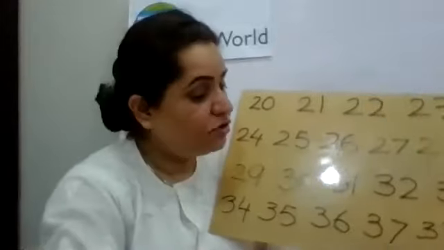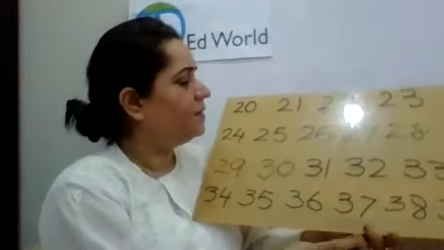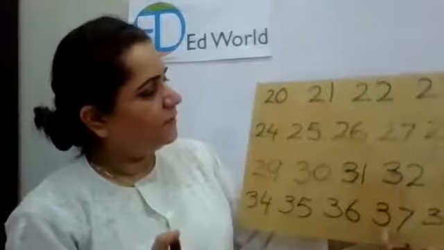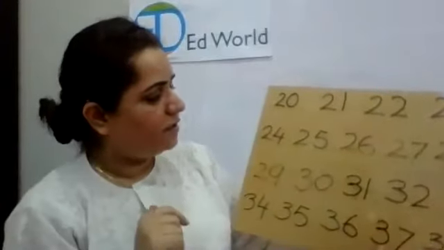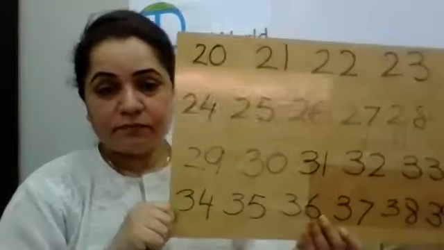Okay, we're going to do till 40 then. I only wrote 4 over here, otherwise I could have done that. Okay, no problem. So see, we have done the counting over here.